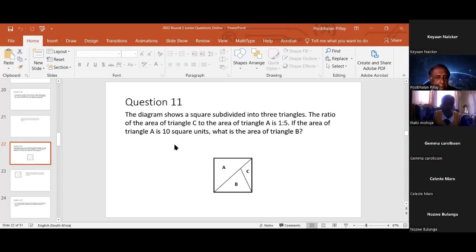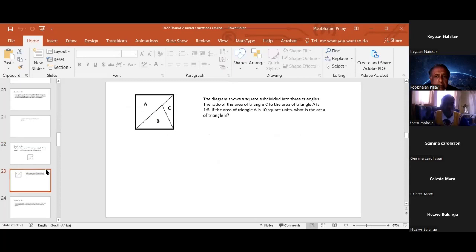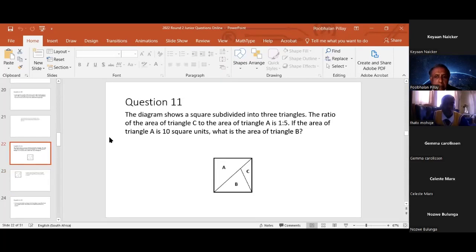So what does that mean? It means that this area to A, the full area, the ratio is 1:5.